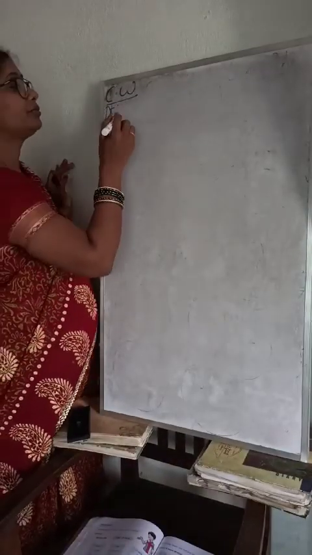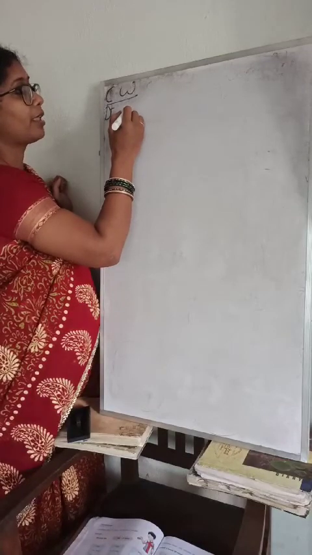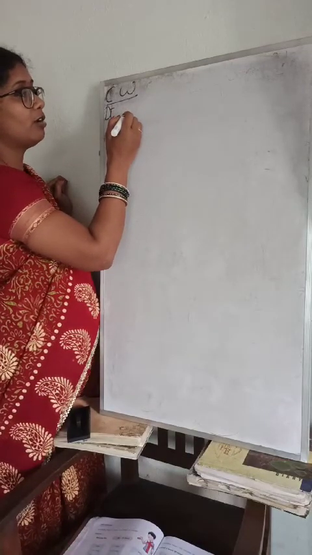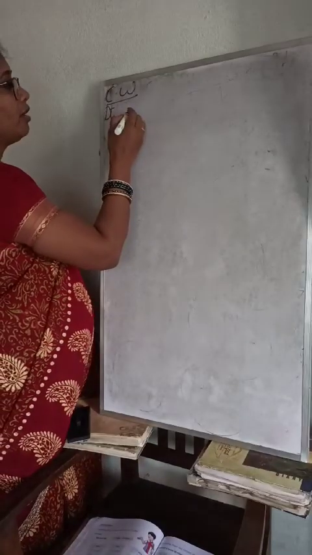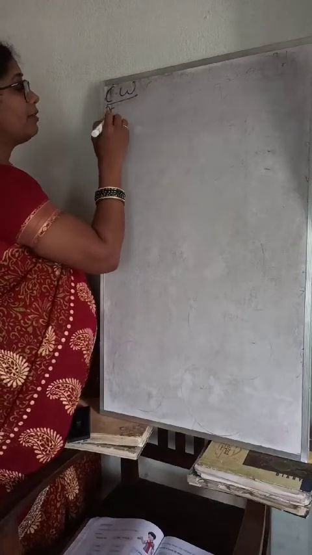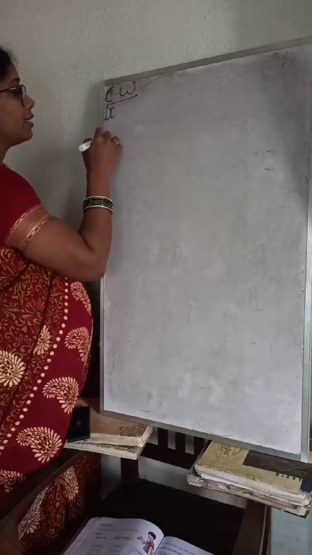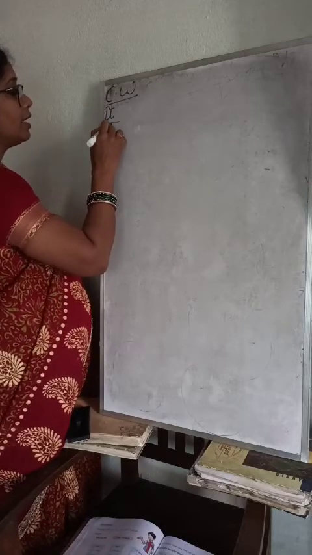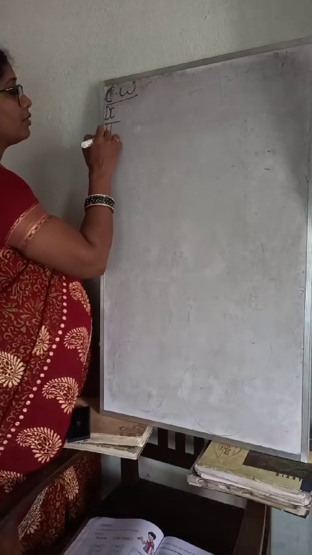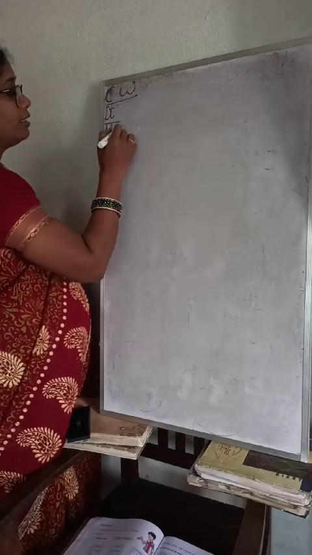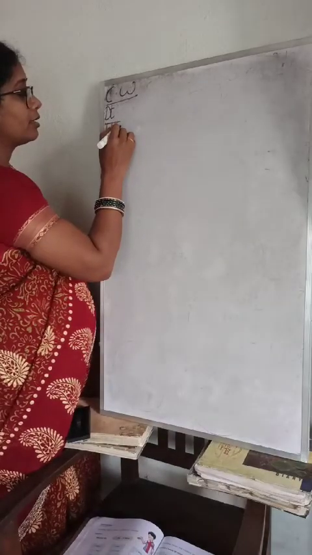Now, I am going to draw the clock, and you have to, in fact I will not draw the clock, I will write the time in numbers and you will have to write it in words. This is very important.